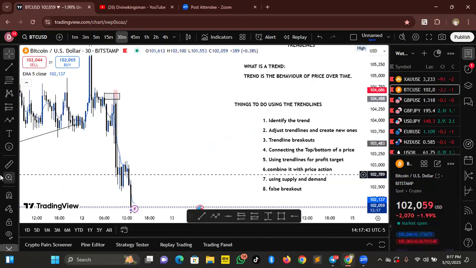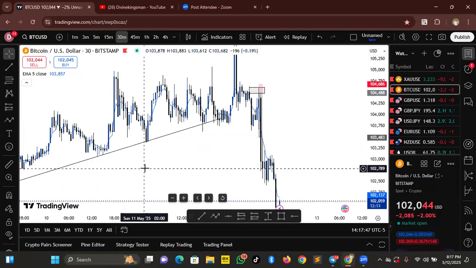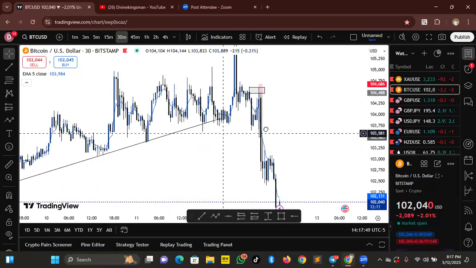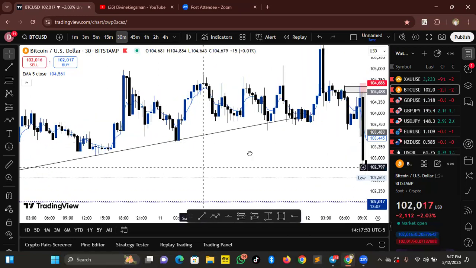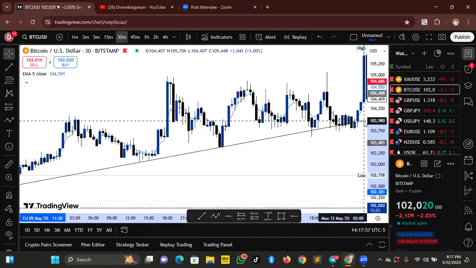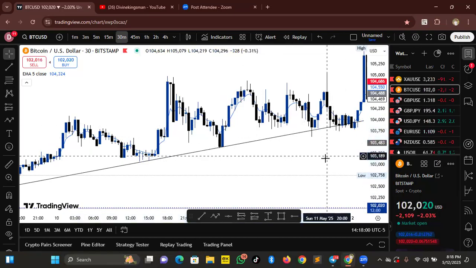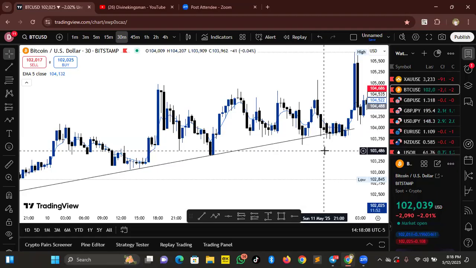Now, what I said is adjust trend lines and create new ones. Clearly what is going on here is that the market has come here, but it seems like it is about to break this trend line. Whenever a trend line is broken, it gives you a signal that there is a possibility that it might start going downtrend.